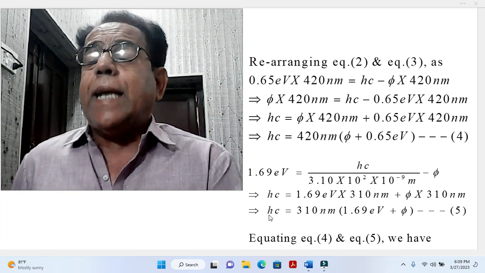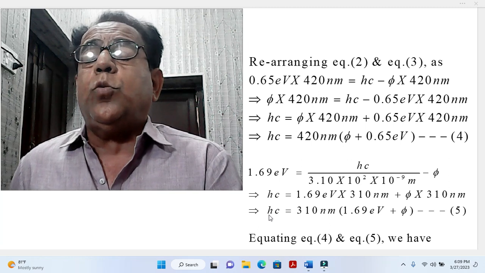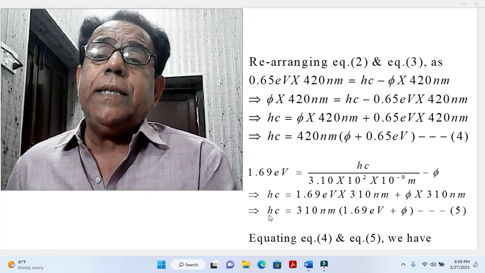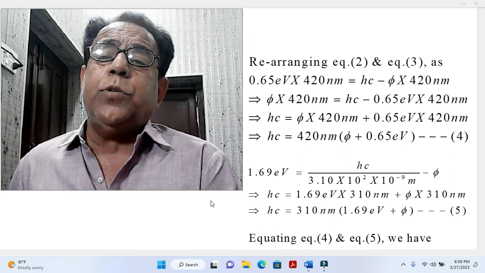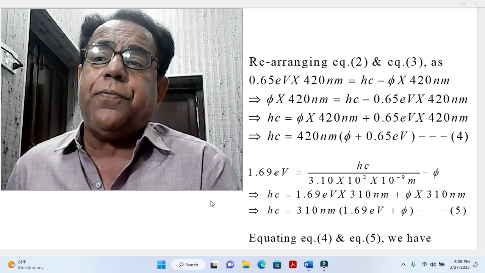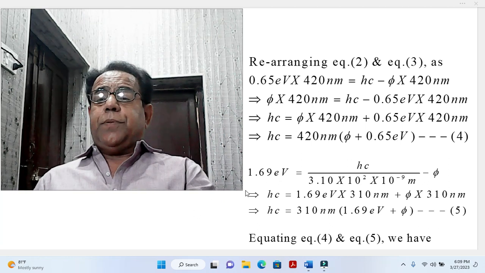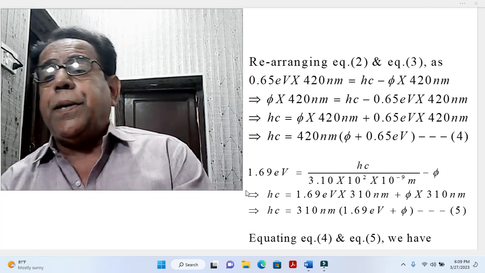That is to say, equation number 2 is going to be transformed into equation number 4, and equation number 3 is going to be transformed into equation number 5. Okay, so let us see how this is happening.